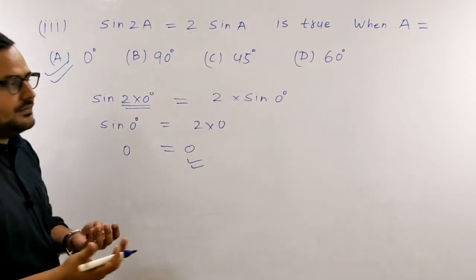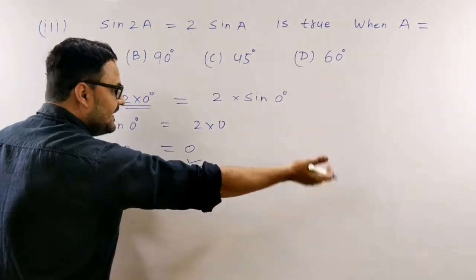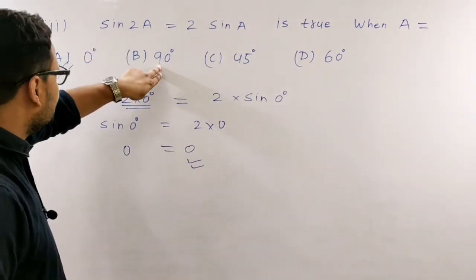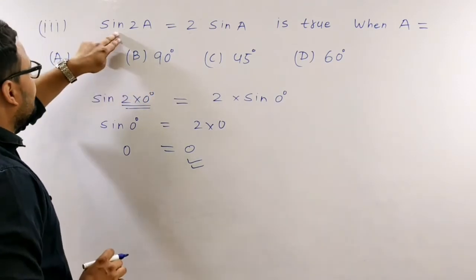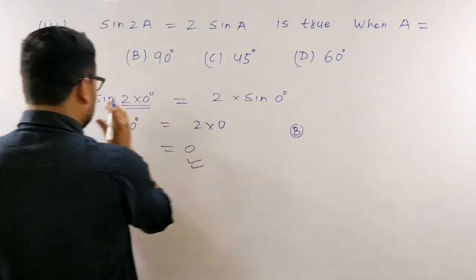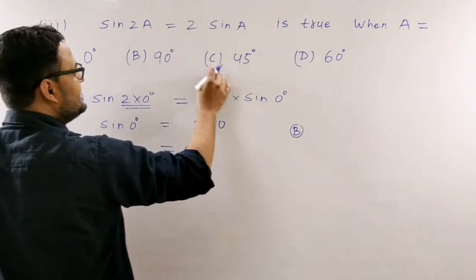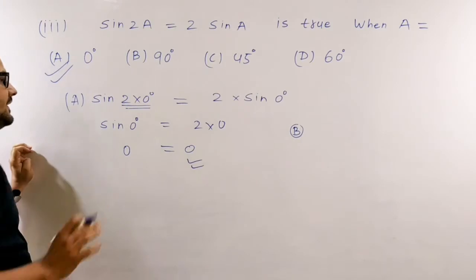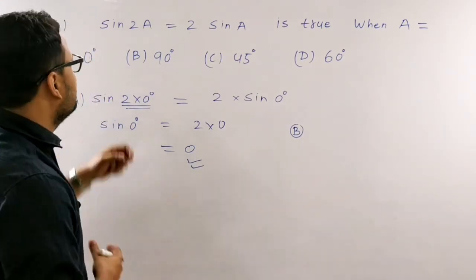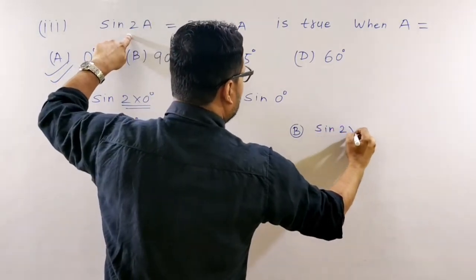If you want to check why B, C, D are not the answer, you can check any of them and you will not get the answer. Suppose I check B, sin 2A.